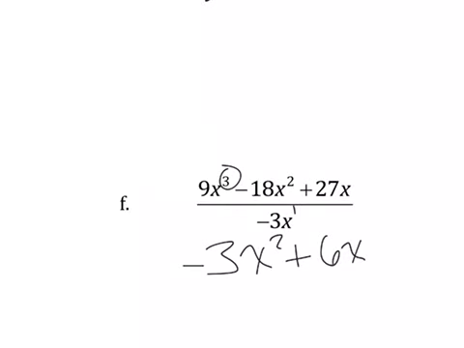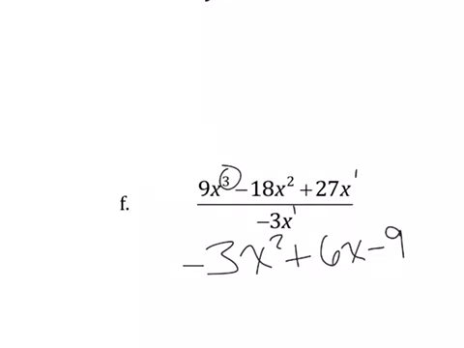Now here's the first time we're actually going to get some variables that cancel out. Notice that right here there's no degree, so we know that there's a 1, same as the bottom. So I'm going to still divide my coefficients. 27 divided by negative 3 is going to net me a negative 9. And if I subtract these exponents, 1 minus 1 is 0.